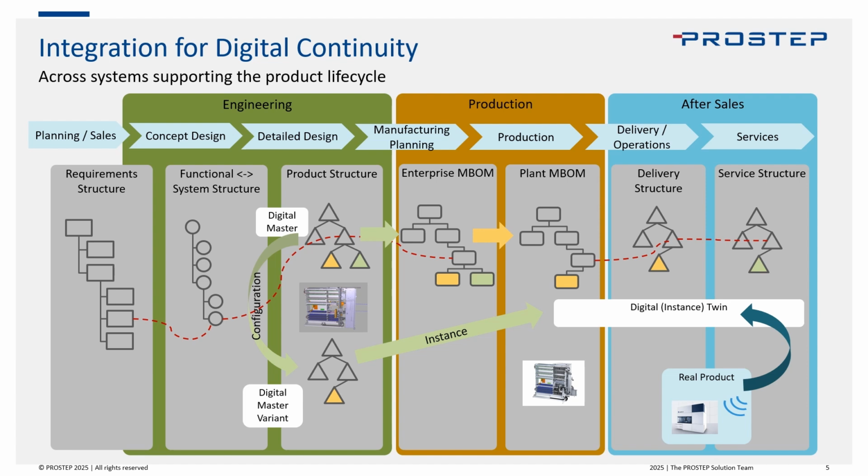Integration, and the vision for it, is really to provide this digital continuity. And that includes the digital twin, which is partially that digital master, and then different views of that, and then also the instances of that out in the product and after sales, as well as the digital thread.